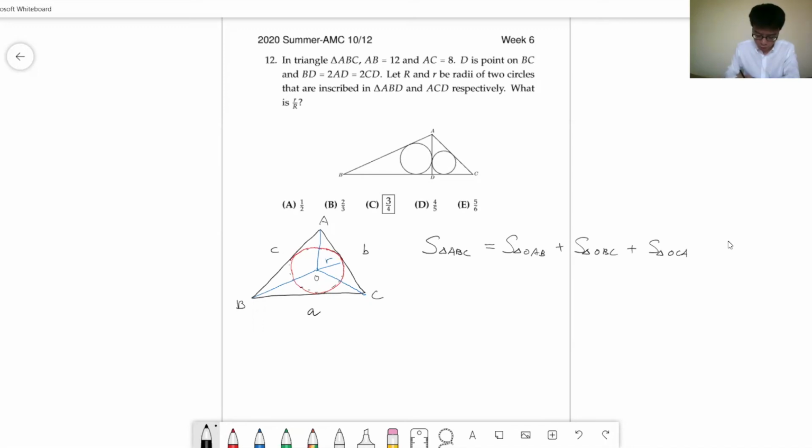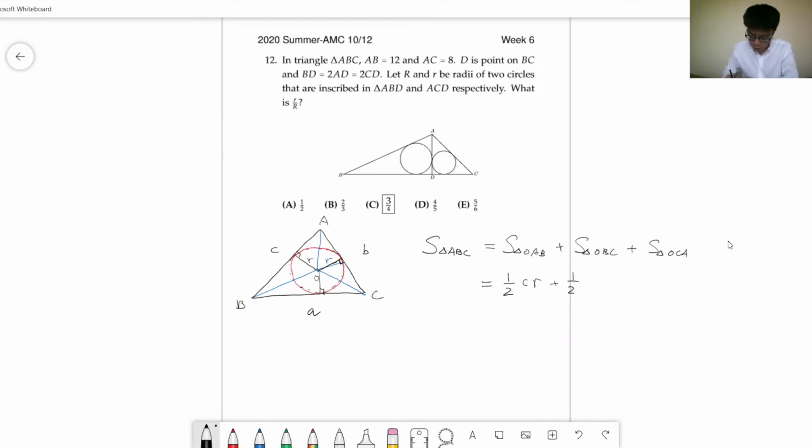And then we know that this radius from the center is perpendicular to this side, right? So this corresponds to the height for these sub-triangles. Now we can use this to express the areas. So for OAB, the base is AB, the height is the radius R. So this is 1/2 C times R.